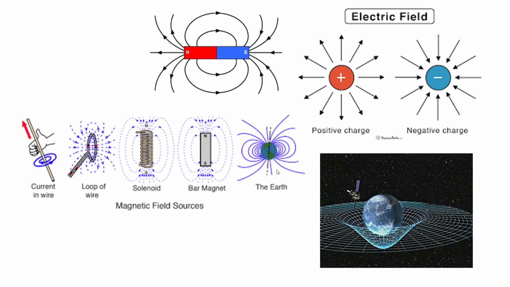On the other hand, there is another sort of field, that is the gravitational field. Gravitational field is related to huge objects like Earth, Sun, planets. These huge bodies in the universe have a field around them, and we call this gravitational field.